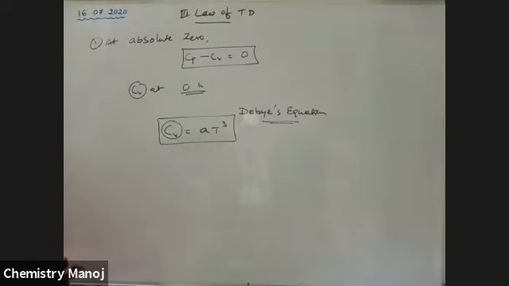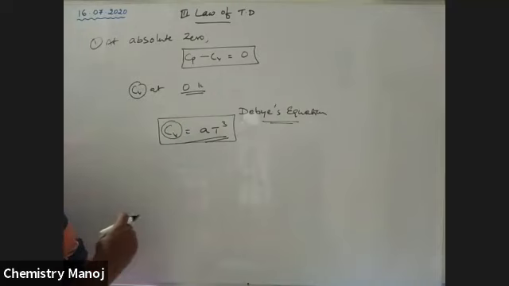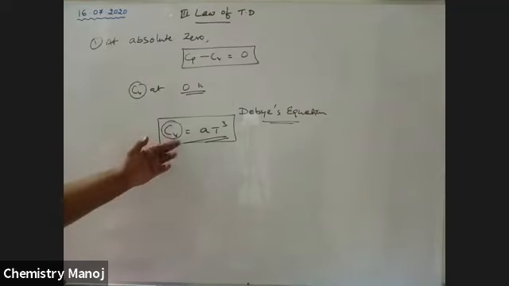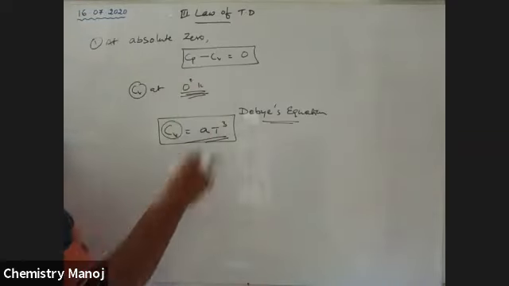If you calculate Cv, that is automatically equal to Cp, because Cp minus Cv is equal to 0. No need of derivation, try to remember it. Cv is equal to A T power 3, that is Debye's equation. That is the formula used to calculate Cv at absolute zero Kelvin, at this temperature only, not at all temperatures.